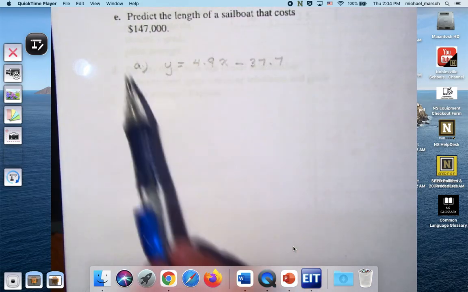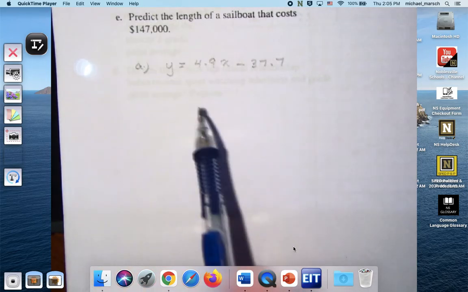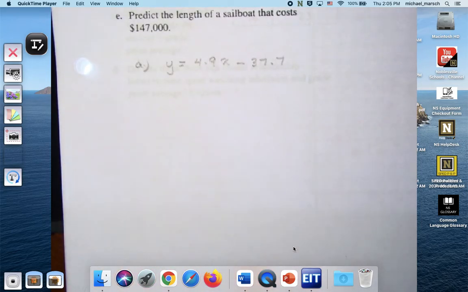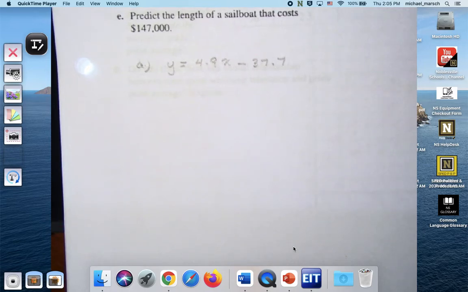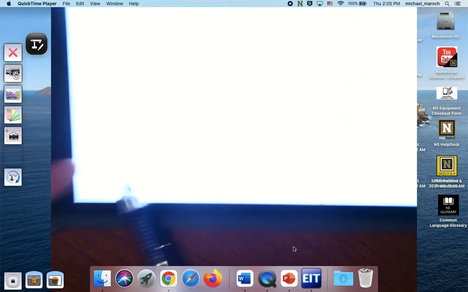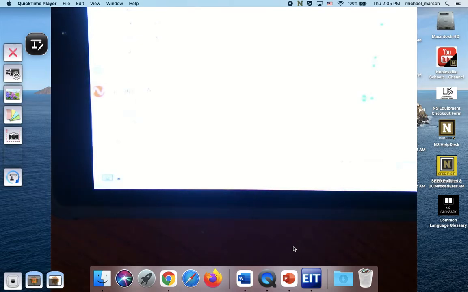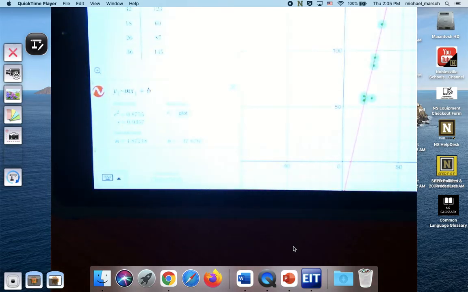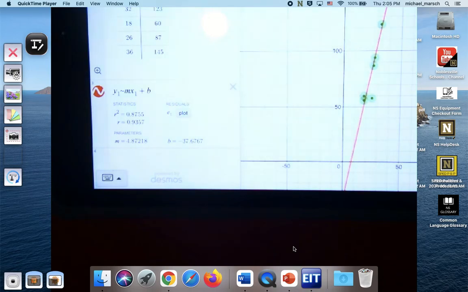This is my answer to A. Okay. Is everybody good with how to find the slope and how to find the y-intercept? I love that it just gives us the answer. It's kind of nice, but you have to know where that came from, right? If we hadn't done it ourselves, we wouldn't know where those came from.